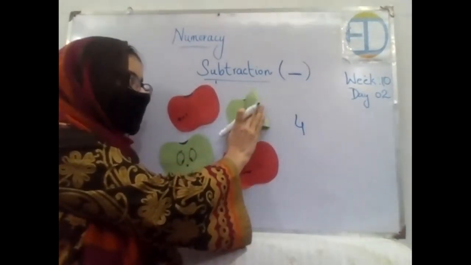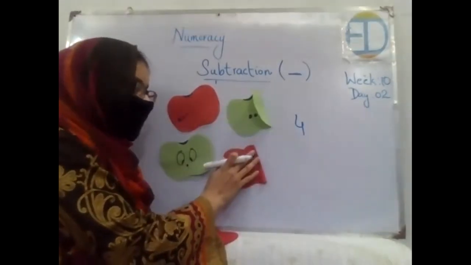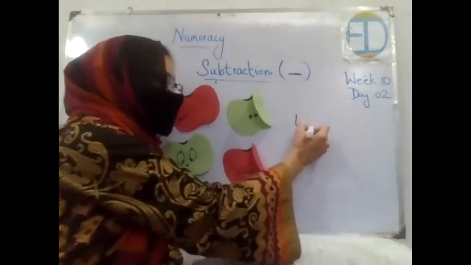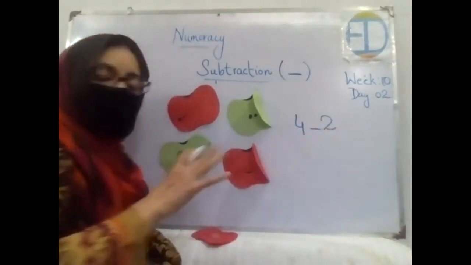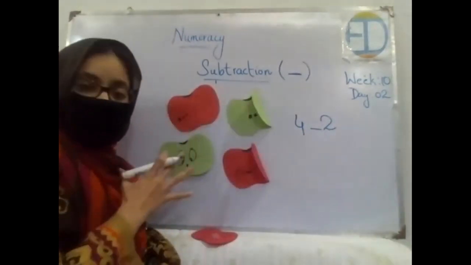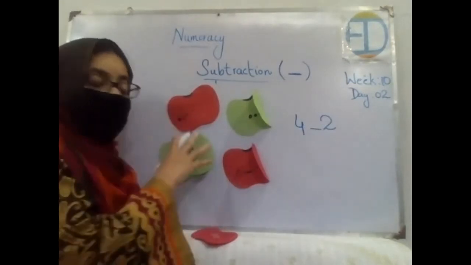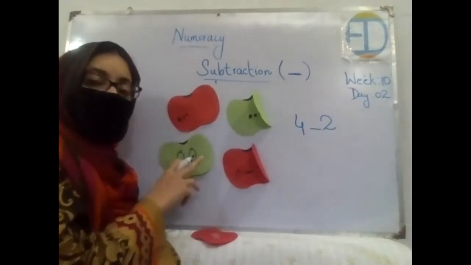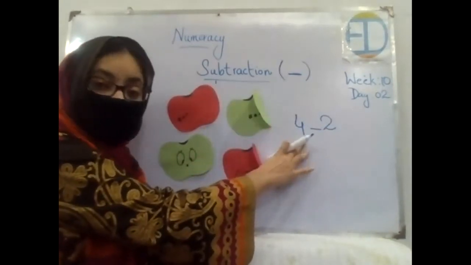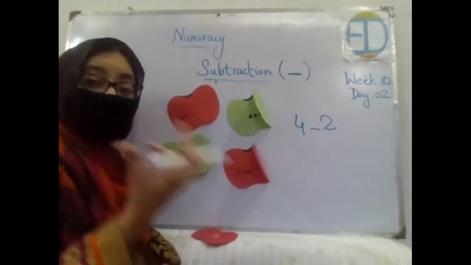I'm folding the two so that it shows that you have eaten two. This means that now two are no more with you. So in order to find out how many apples are left with you, you will first write the total number, and you will subtract the number which you have eaten.